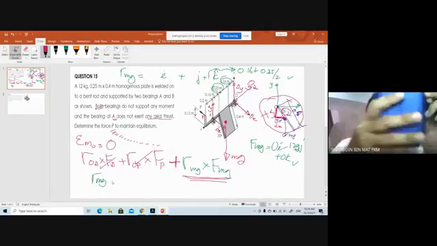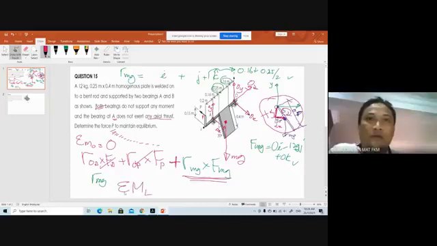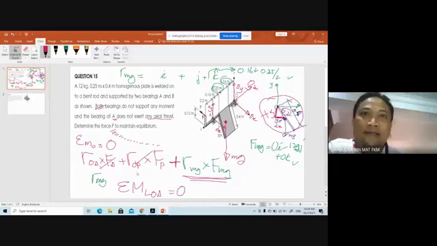You do summation of moment at line OA equal to 0. That equals moment at O, dot product with lambda OA.